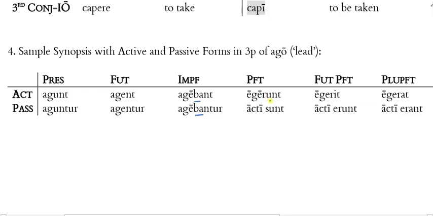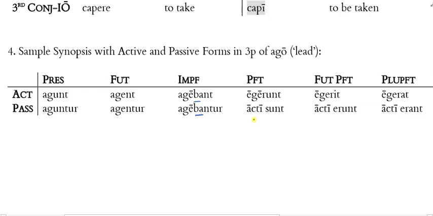Here we're using the perfect stem rather than the present stem. So egi is our perfect principal part, and so we're going to use the erunt for third plural. So egerunt, and we could translate that as they have led, or simply they led.